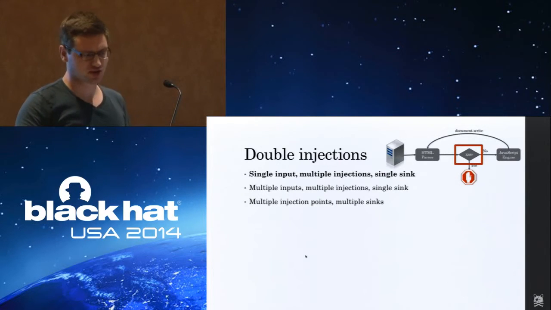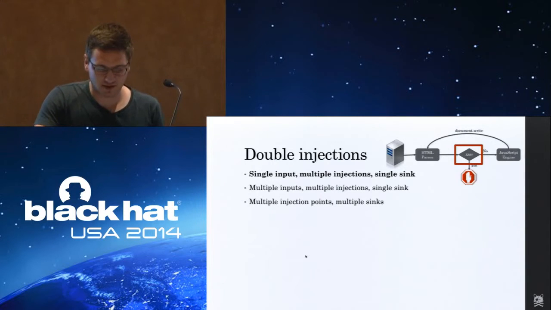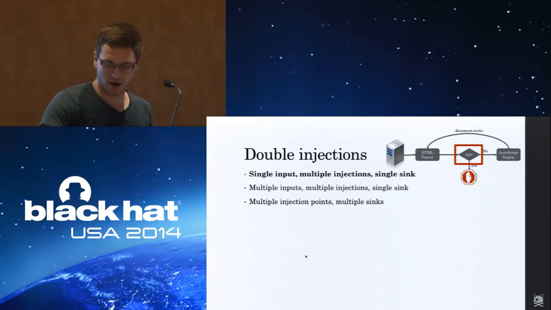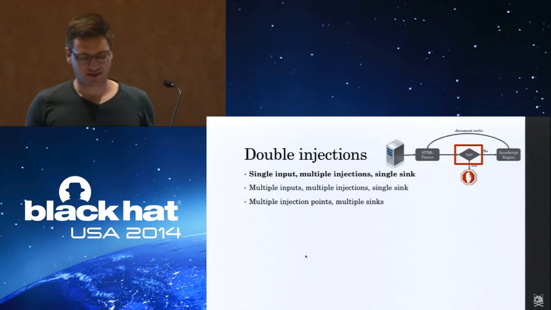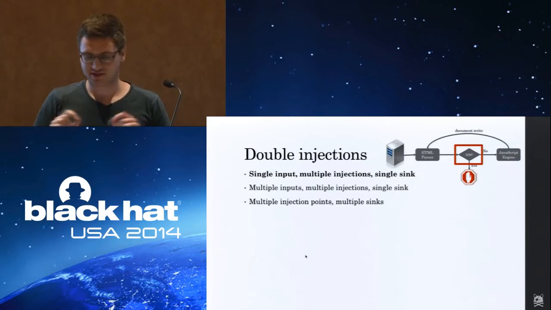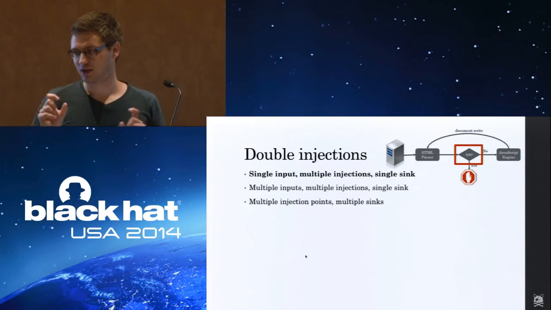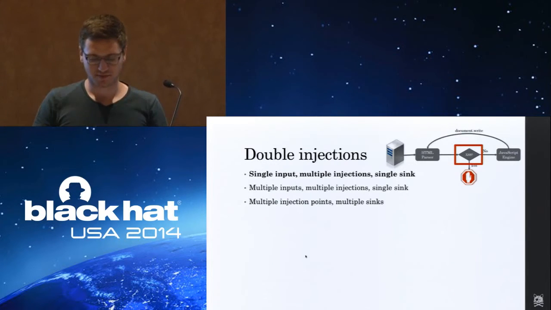What we like to call double injections. So double injections, we have 3 different classes. Let's say we have a single input, so maybe the URL, but we have multiple injections. It means that it's written several times, at least twice in this case. That's why it's called double injections. You have situations where you have a single input, say a part of the URL, that is written inside one sink, so one document write call takes part of the URL once and another part of the URL a second time.